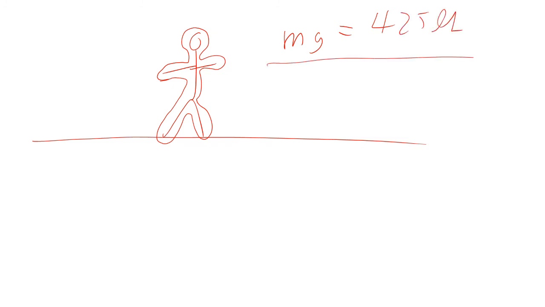If you've got an astronaut on Mars, they're in a spacesuit because the atmospheric pressure of Mars is about 1% that of Earth. The weight, mg, of spacesuit plus astronaut might be 425 pounds, which means the astronaut would have a tough time even moving around on the surface of the Earth.